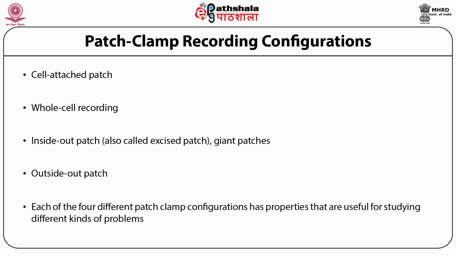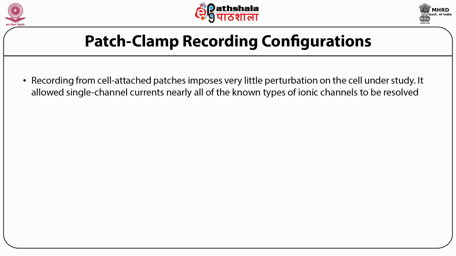Each of the four different patch clamp configurations has properties that are useful for studying different kinds of problems. Recording from cell-attached patches imposes very little perturbation on the cell under study. It allows single-channel currents. Nearly all known types of ionic channels can be resolved.